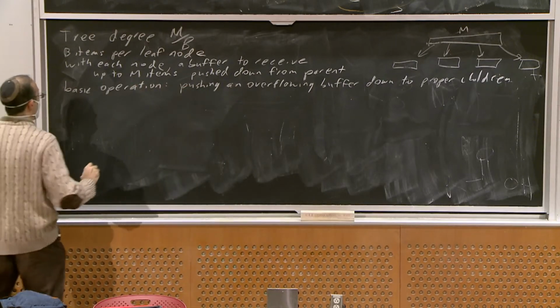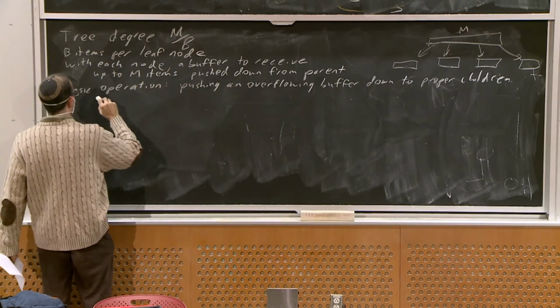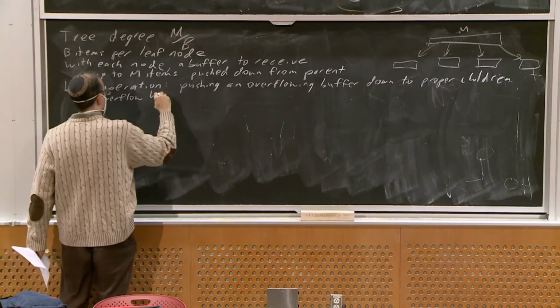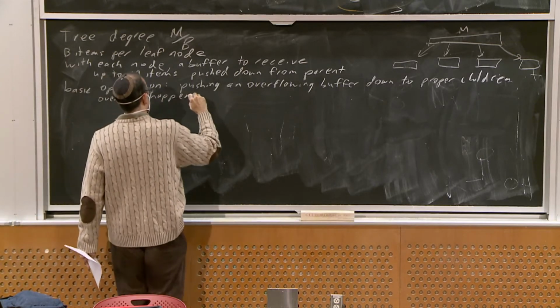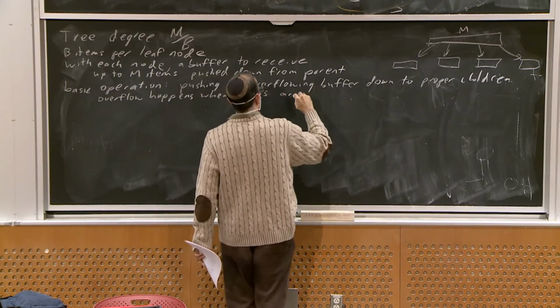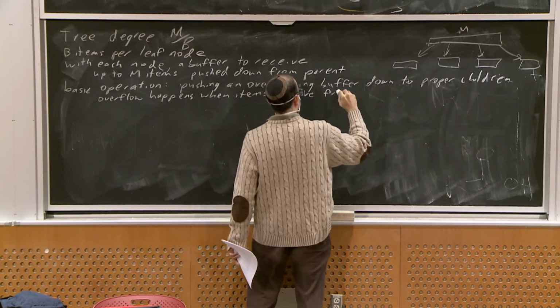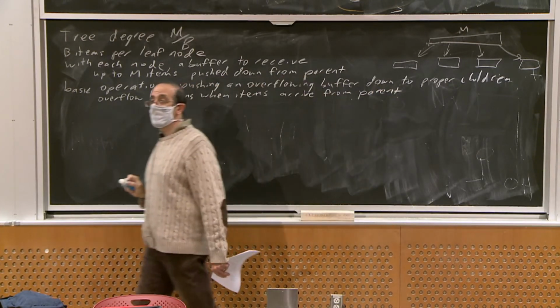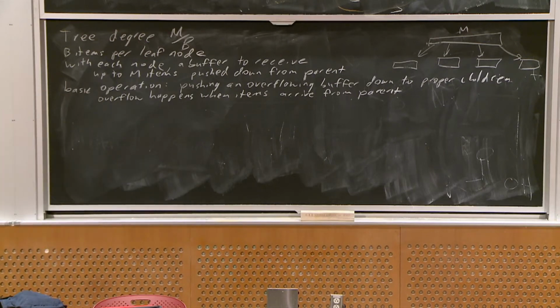Now I am going to observe an invariant here. The overflow happens when some items arrive from the parent node of this node.